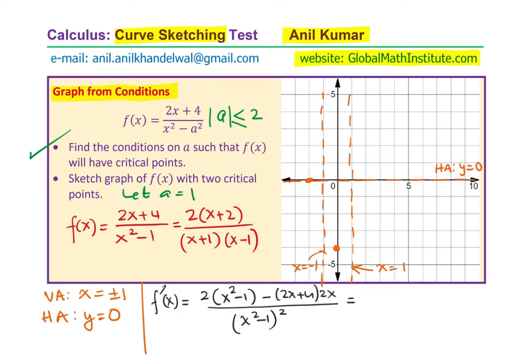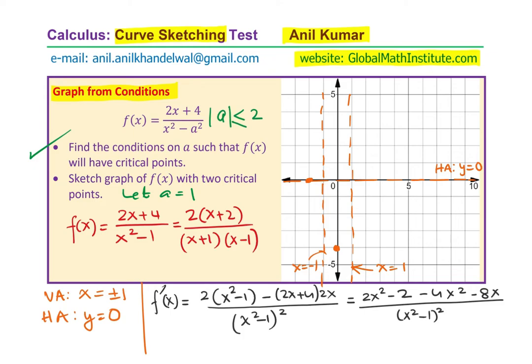Now this can be simplified. When you open this bracket, you get 2x squared minus 2. And on this side, you get 4x squared minus, just as we did last time, right? Minus 8x over x squared minus 1 whole square.